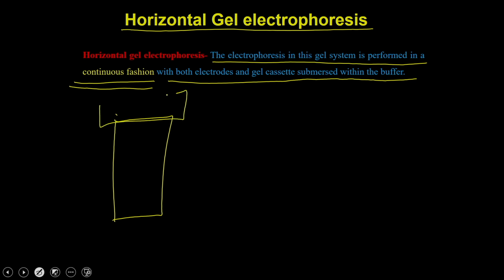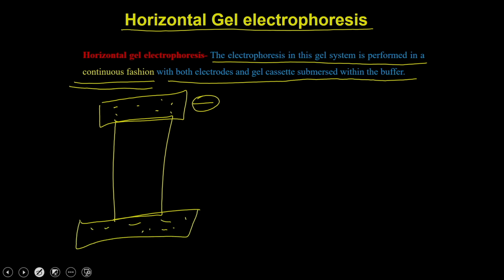One is the top chamber, where you keep the buffer, and which has the negative electrode, and then you have the lower chamber, again with buffer and the positively charged electrode, and in between these two chambers you have the gel.